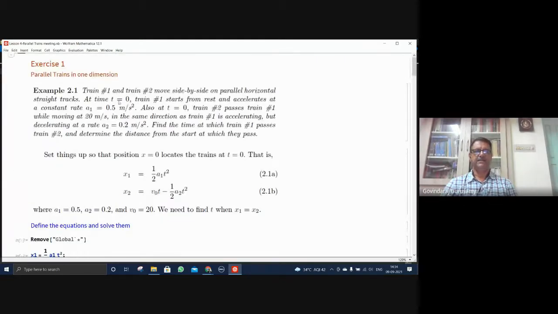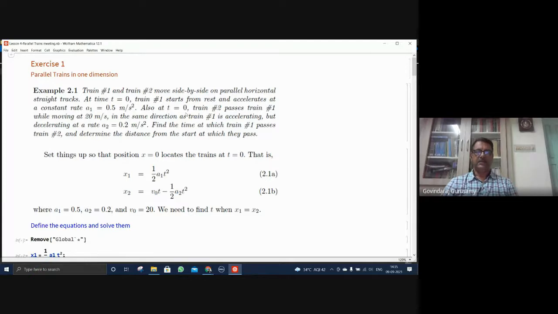So read this. Train number 1 and train number 2 are moving side by side on parallel horizontal straight tracks. At the time t equal to 0, train number 1 starts from rest and accelerates at a constant rate a1 equal to 0.5 meters per second square.